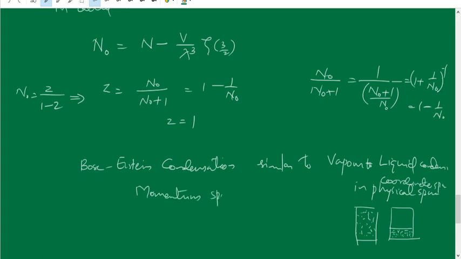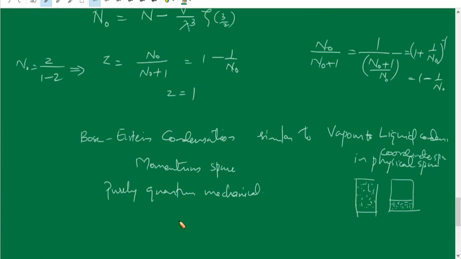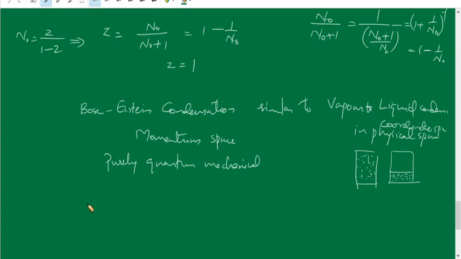This Bose-Einstein condensation is purely quantum mechanical. So using quantum mechanical ensemble theory only we can explain the Bose-Einstein condensation. Okay, so this happens in momentum space or Fourier space or reciprocal space, we can say that. So this is Bose-Einstein condensation.